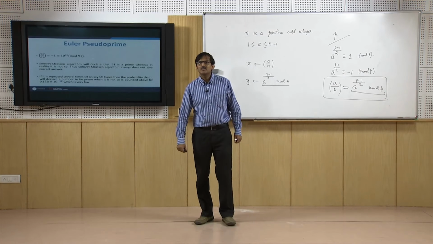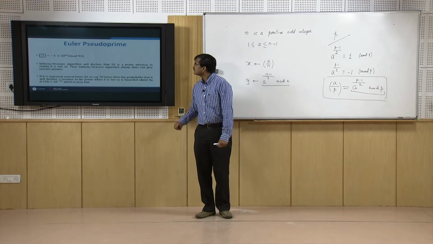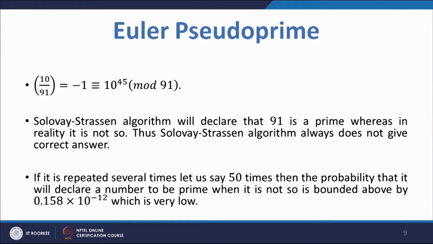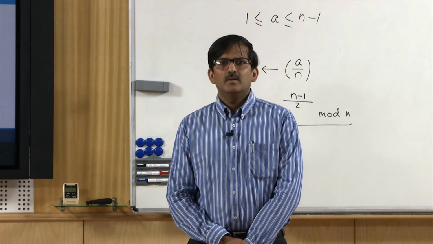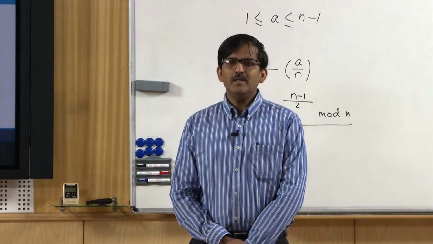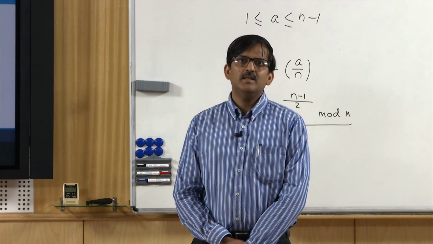Okay. So, Euler pseudoprimes. So, here let us suppose the odd integer that we are wanting to check for primality is 91.